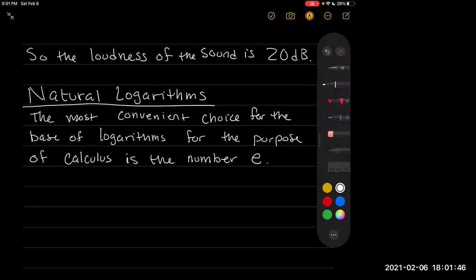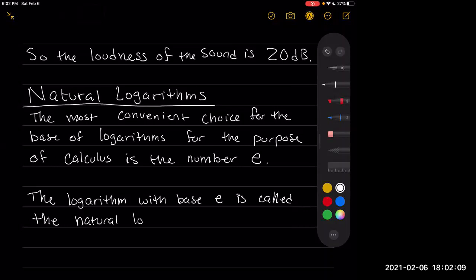I know this might seem like a strange choice, but like we showed in a previous section, e can actually be very useful. And so the logarithm with base e is called the natural logarithm and is denoted ln.